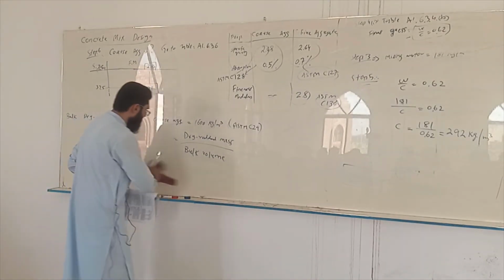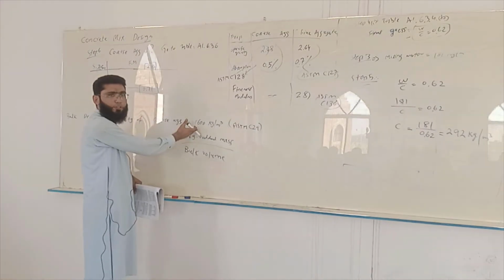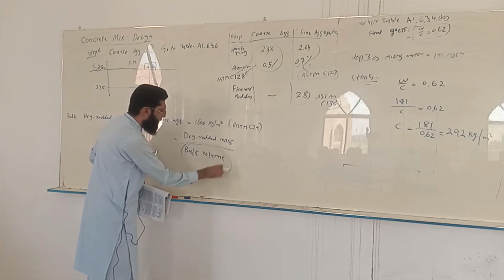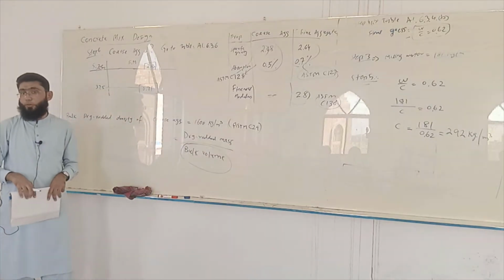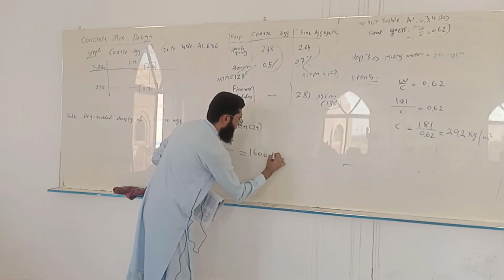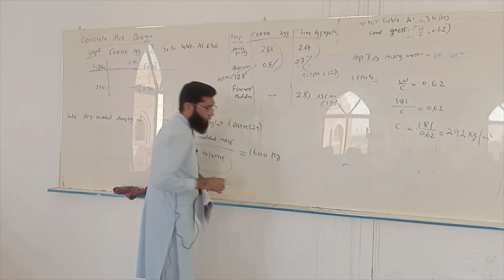So this is how you get this number, 1600 kg per meter cube. In our case, we know the meter cube of coarse aggregate, we have to find the kgs. Now you need to be very careful.